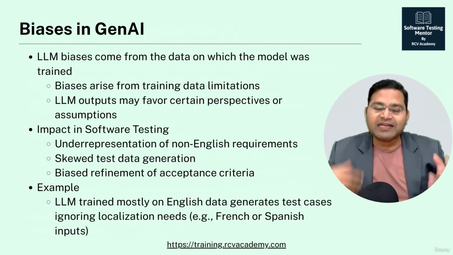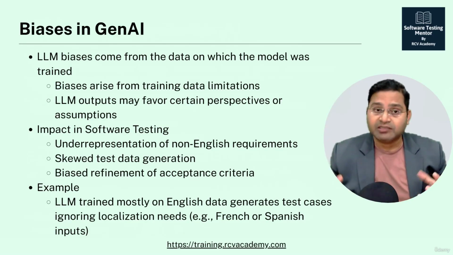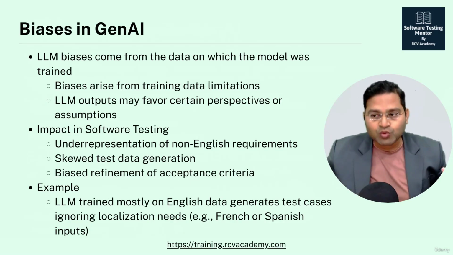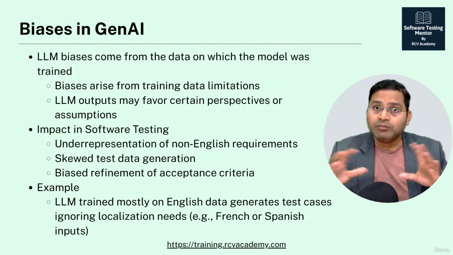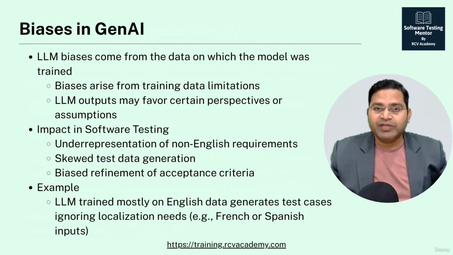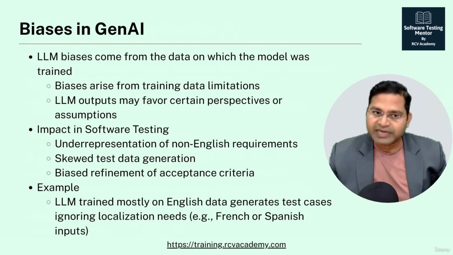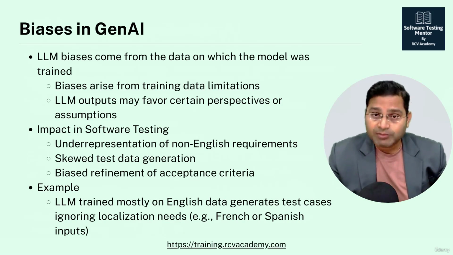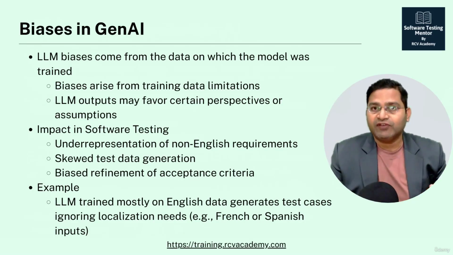So biases arise from training data limitations. LLM outputs may favor certain perspectives or assumptions. Depending on how your data is, if your data is not proper or doesn't cover the holistic picture, then your model is in turn biased. In terms of testing, there can be underrepresentation of non-English requirements, skewed test data generation, and biased refinement of acceptance criteria.